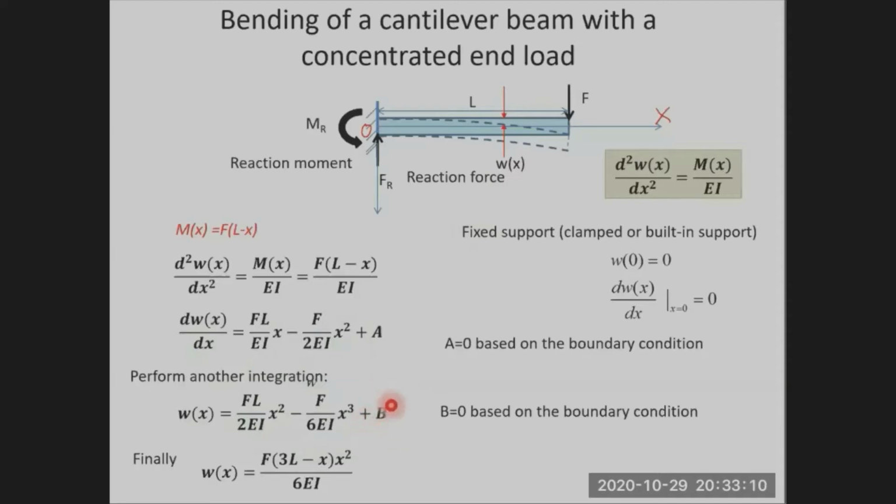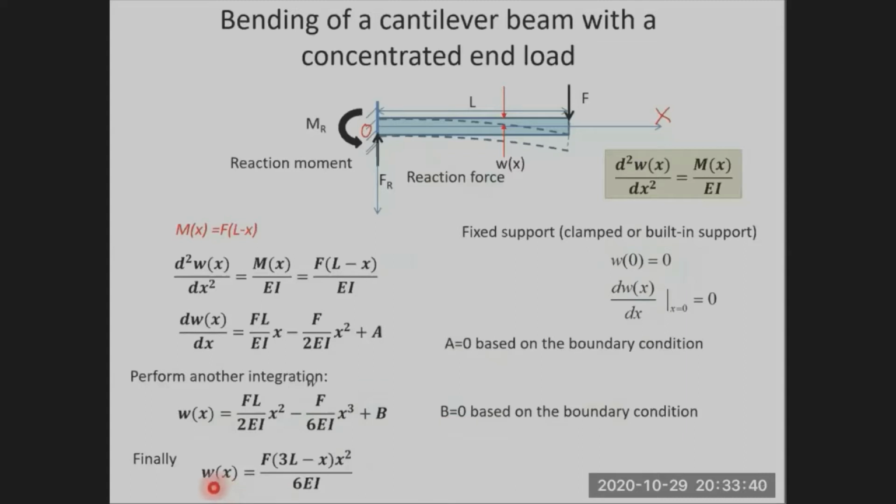And we can determine B based on this first boundary condition. The displacement should be equal to 0 at the origin, at this fixed support. So we set x to 0, and this w should be equal to 0. So how large is B? B should be equal to 0 as well, based on this boundary condition. So both A and B are equal to 0.